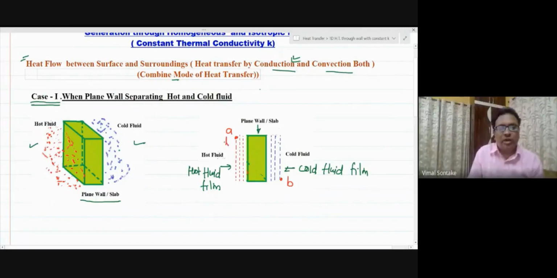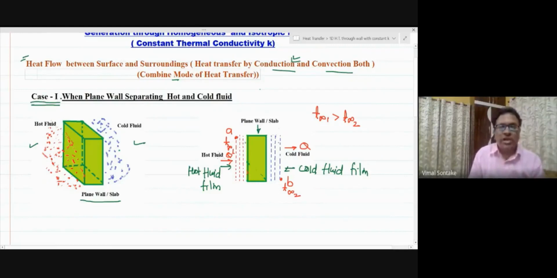Let's say temperature of the hot fluid is represented by T infinity 1 and temperature of the cold fluid is represented by T infinity 2. And T infinity 1 is greater than T infinity 2. So heat transfer will take place from left hand side to the right hand side. Here I have taken this point for the sake of analysis.